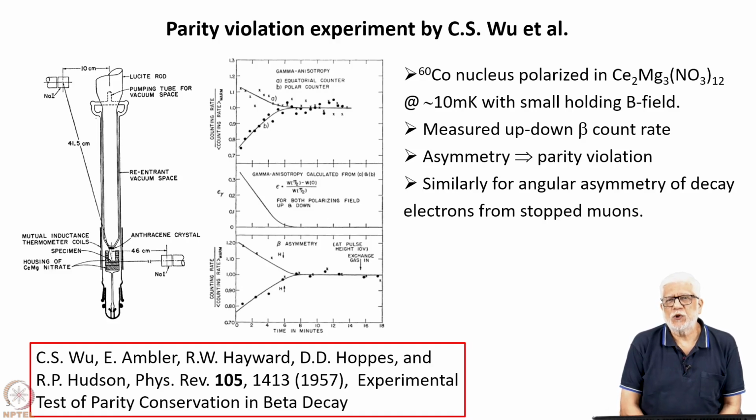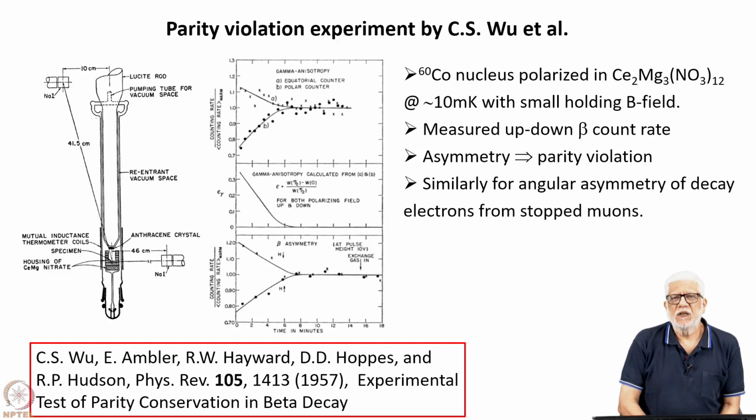It was cooled to about 10 millikelvin, and with a small holding field, this nucleus could be polarized. Then what is done is that a detector measured at the end of a light pipe, which looked at the scintillation emitted in an anthracene crystal, and using a photomultiplier tube.